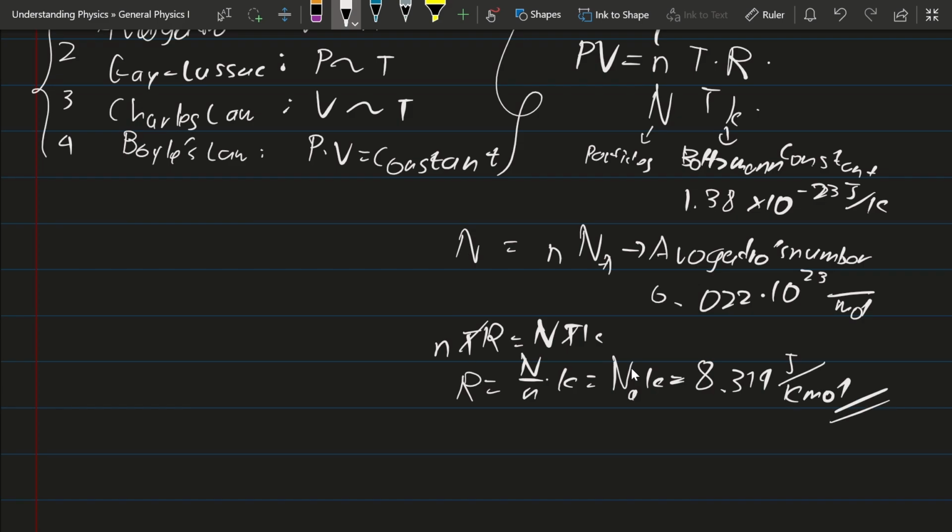So this is the value that we normally use when we do thermodynamics of gas. We use the universal gas constant 8.314 to model the universe.